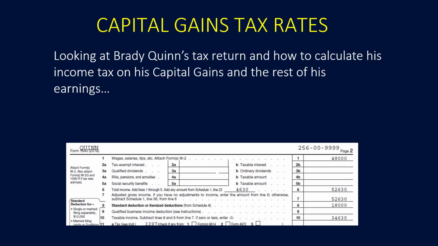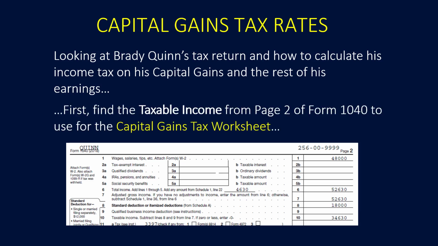So let's look at this gentleman's return, Brady Quinn's tax return, and how to calculate his income tax on his capital gains and the rest of his earnings. First, we find the taxable income from page 2 of Form 1040 to use for the capital gains tax worksheet.